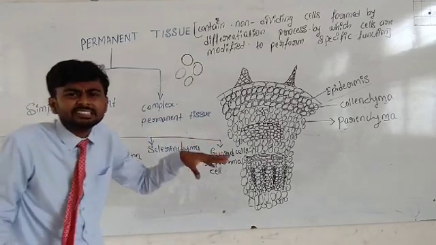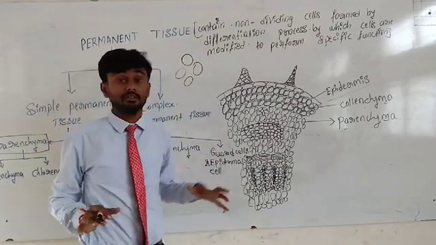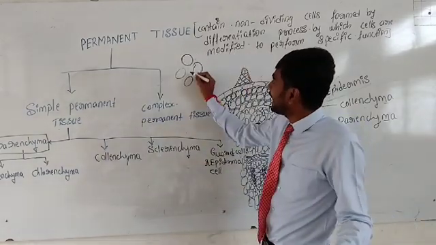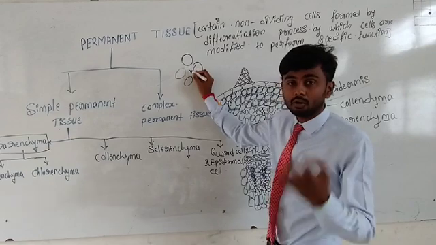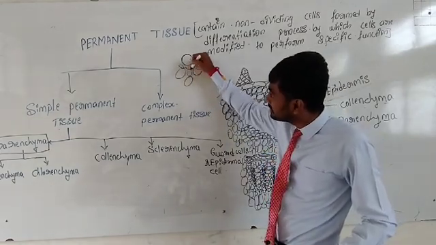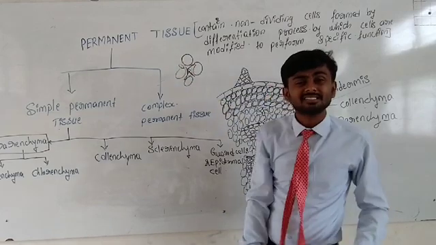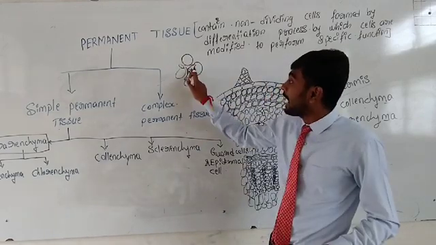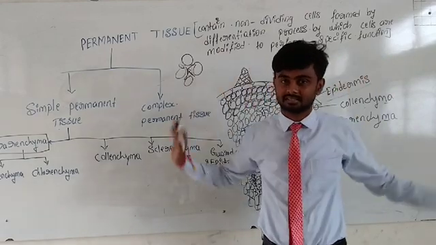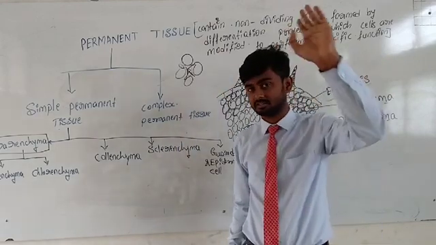So these cells are loosely arranged. There is no attachment between the cells. The empty space is there. You can see the empty space. Yes or no? So this empty space is known as what? Intercellular space. Very important for a one-mark question.